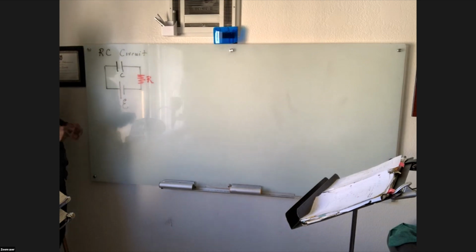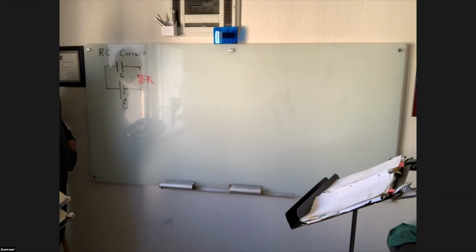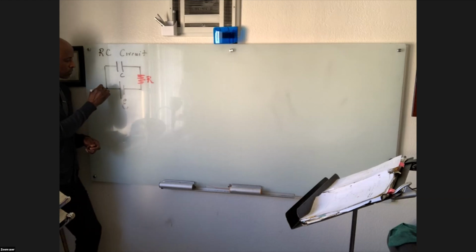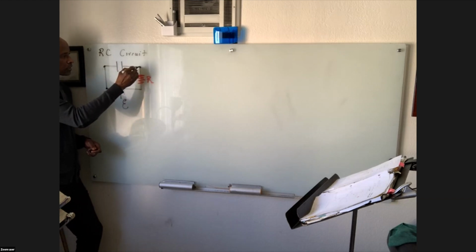Now, if we do a voltage analysis, why don't someone do that for me? Lucy, you want to try it? Let me help you out a little bit. Let's label some nodes, or corners actually.